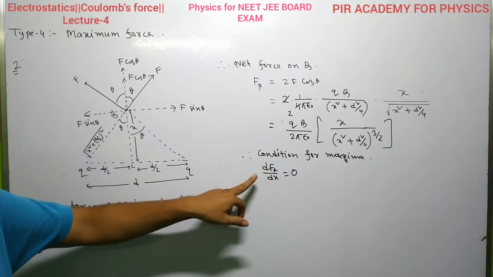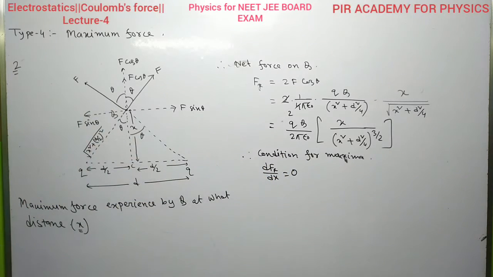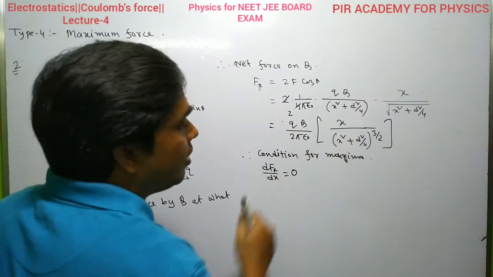So the condition for maxima will be dFr by dx equals 0. You have to differentiate this equation.